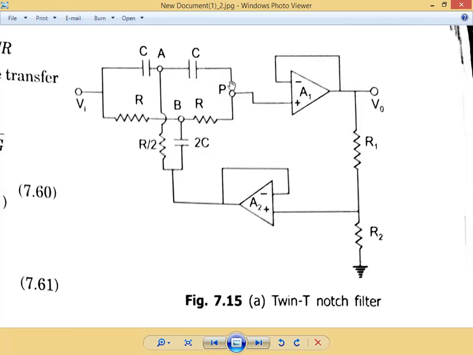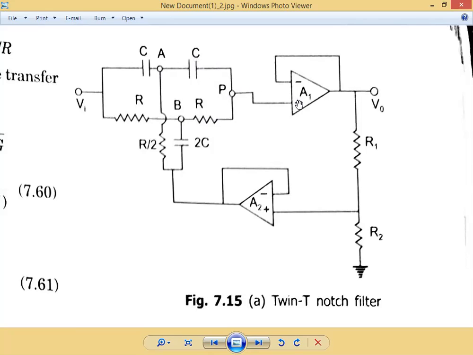And coming to node P, so the equation will be, how many parts are there at node P? This is one part, this is another part, and this is another part.